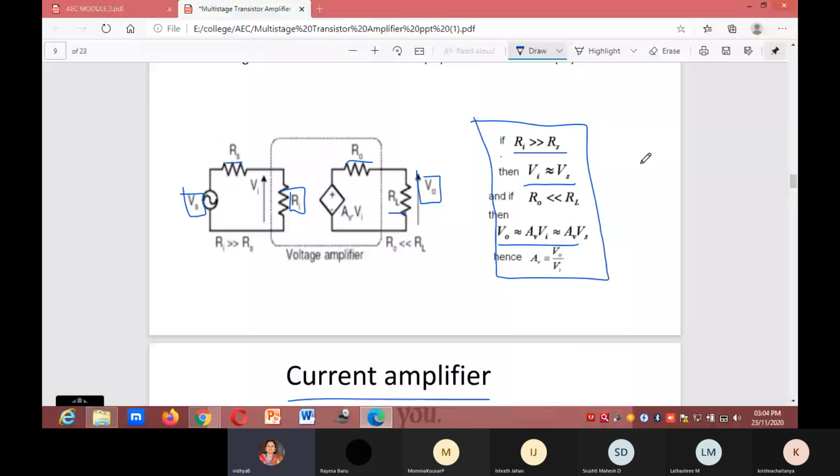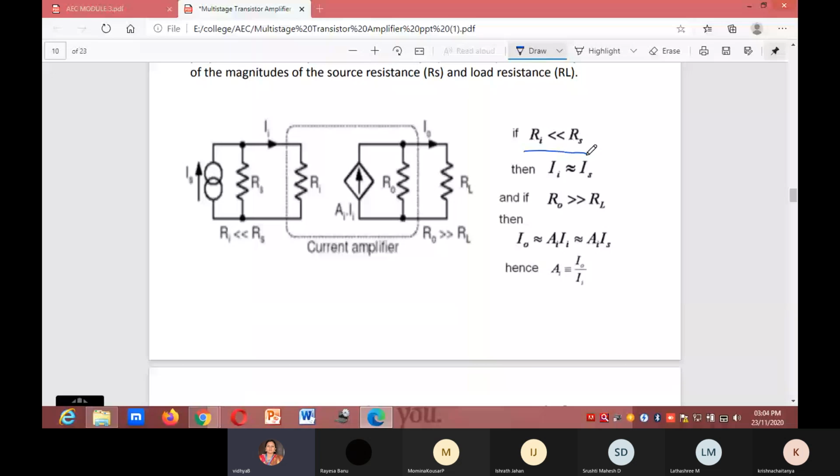Ri is less than Rs, then Ii is equal to Is. If R naught is greater than RL, then I naught equals Ai into Ii, that is equal to Ai into Is. From this we can write Ai is equal to I naught divided by Ii.